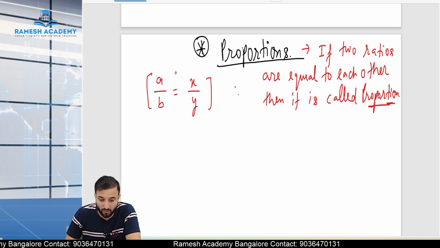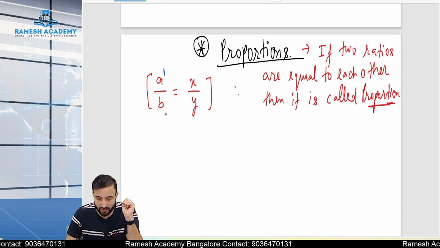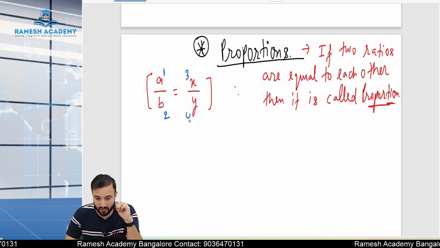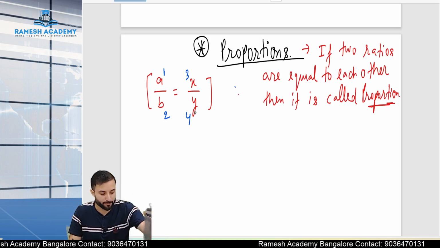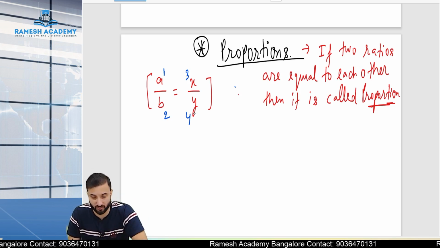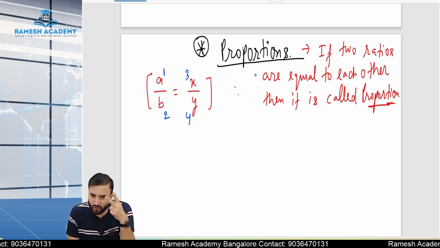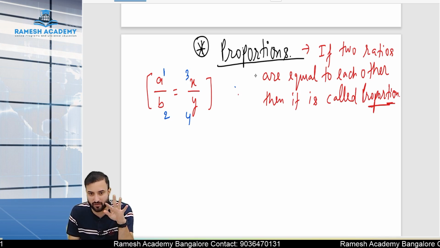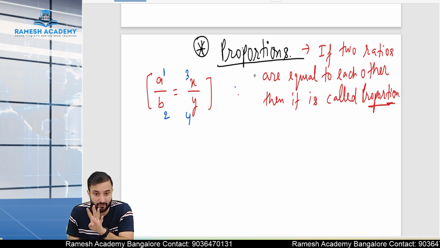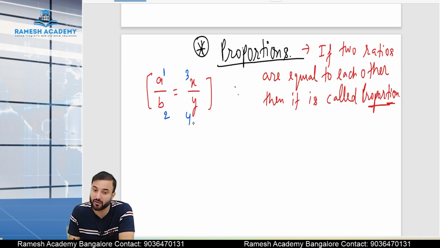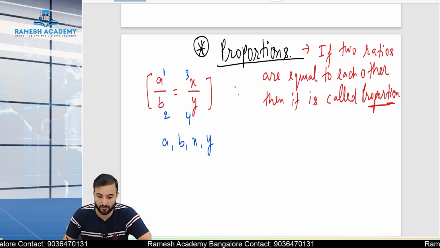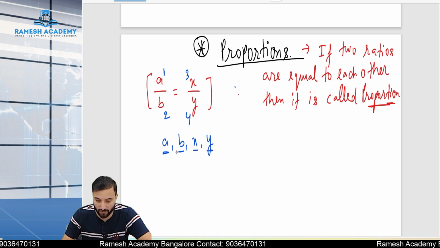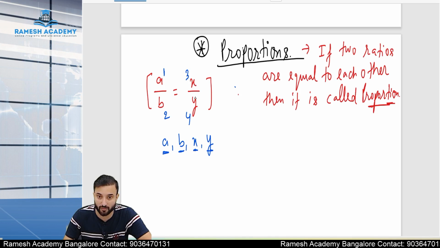But in a proportion we have 4 quantities: first, second, third and fourth. The quantities are A, B, X, Y. This will be the first quantity, this the second, this the third, and this the fourth quantity.